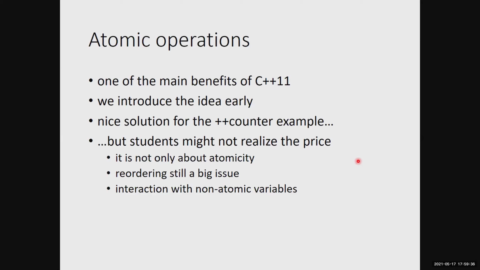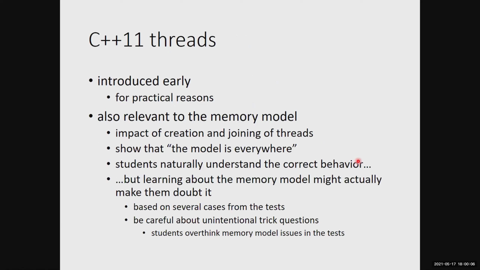But then we also right away warn them about the downsides, that the memory model and the visibility of changes also play quite a big role when we deal with atomic operations, so that atomic operations are not just about the atomicity. That's actually the easy part, but the reordering of operations is a really big issue, and it's even worse when we start interacting with non-atomic variables.